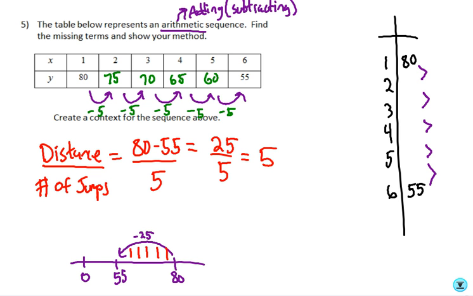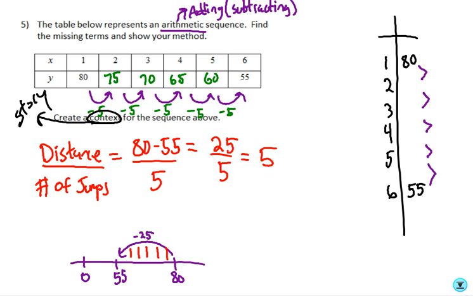Creating a context just means a story. Well, what's the story? I don't know, it could be anything. Maybe those are days, but they could be minutes or hours or whatever you want.